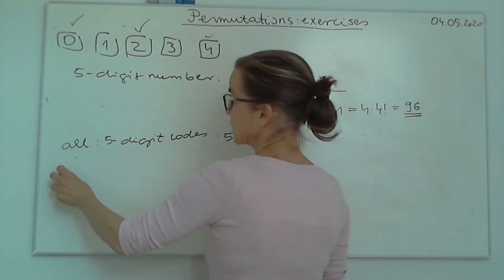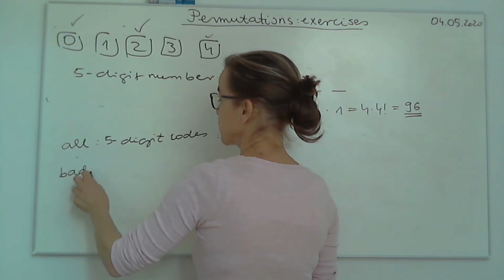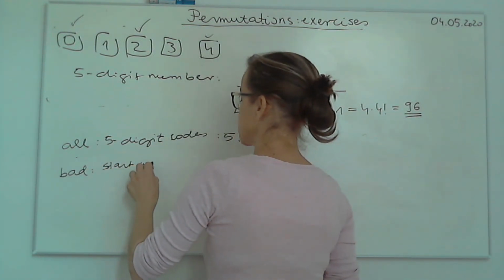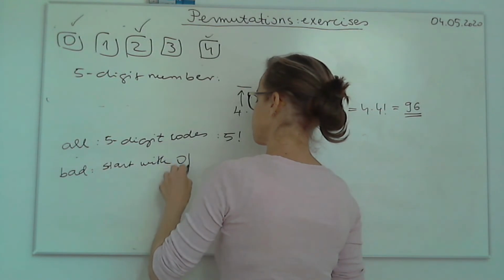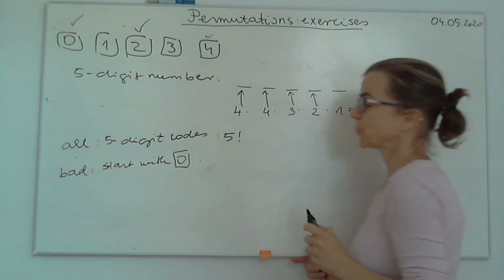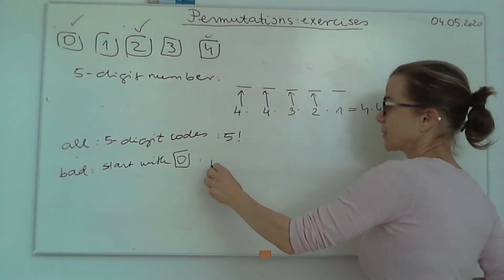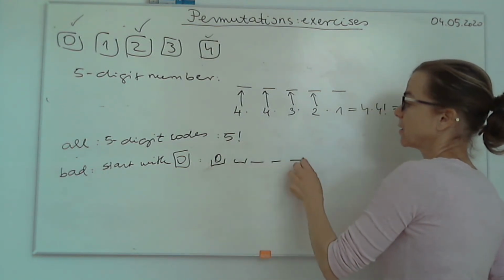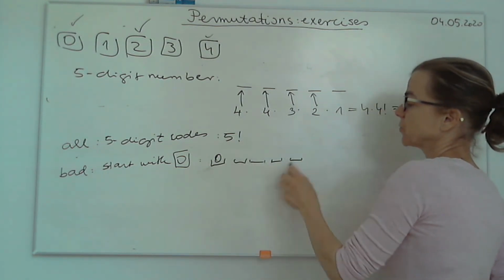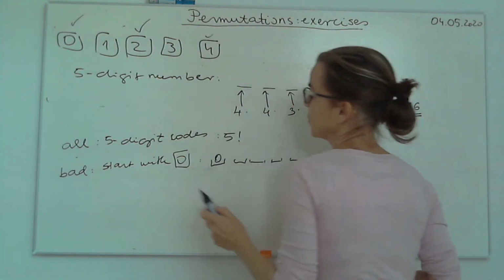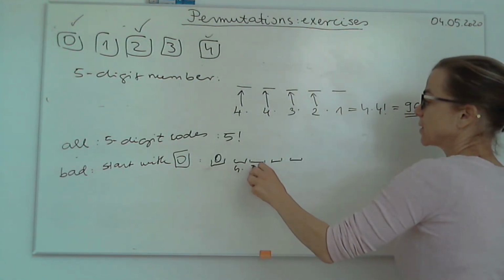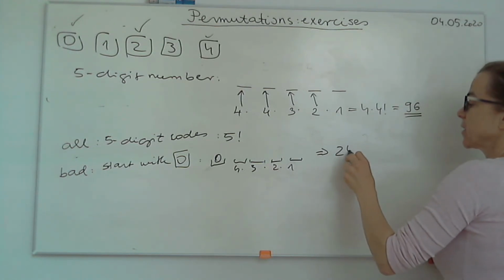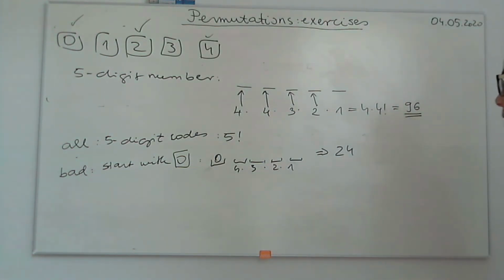And then the bad cases are all those codes which start with 0. How do I calculate that? Well, in this specific case, 0 is fixed there, so I have only 4 slots to fill, and I am choosing from 4 possibilities, then 3, then 2, then 1. So that gives me 24, 4 factorial.